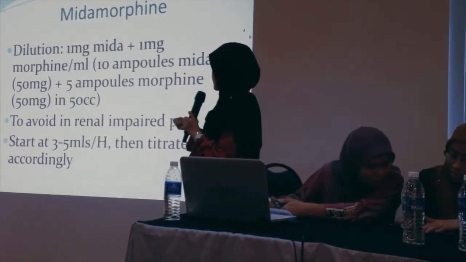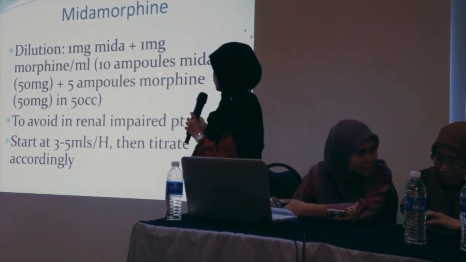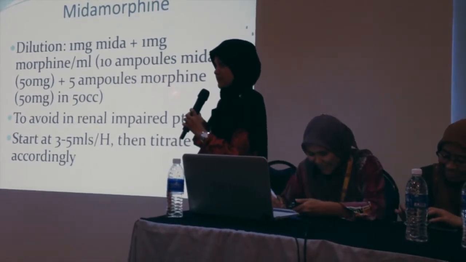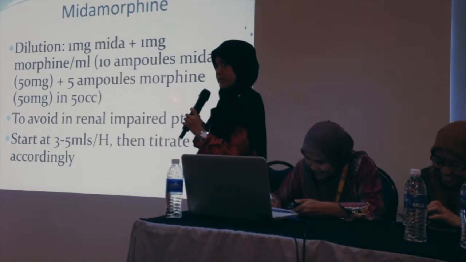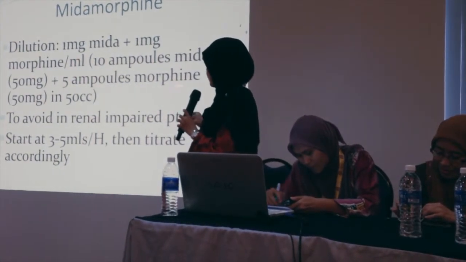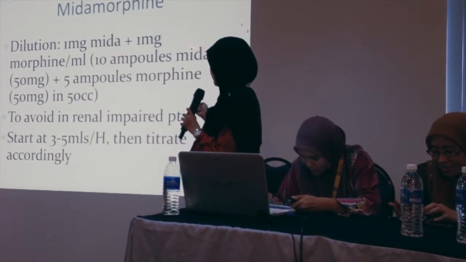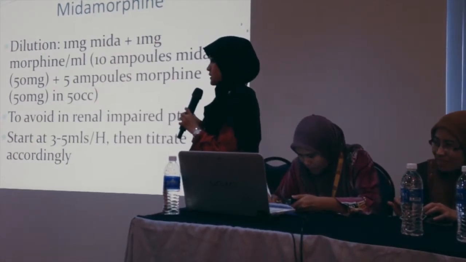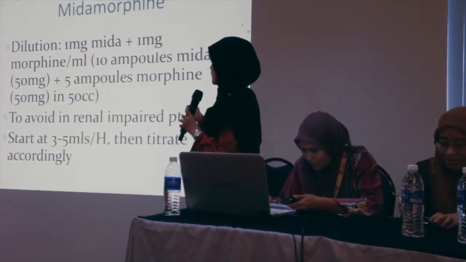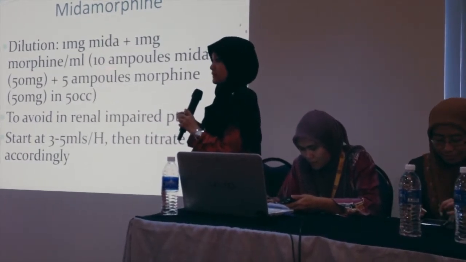Plus 5 ampules of morphine. The morphine we usually use is 10 mg per ml, correct? So that's 5 ampules of morphine and 10 ampules of midazolam, so the dilution comes up to 1 mg mida and 1 mg morphine per ml.